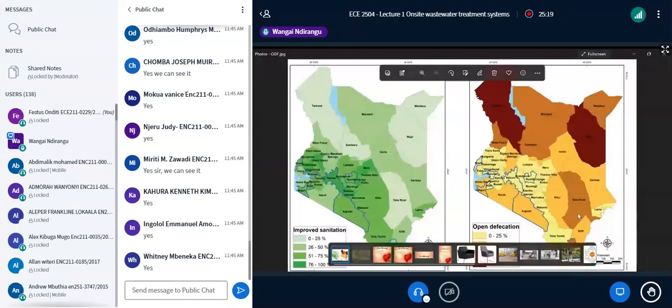When you look at Marsabit, Pokot, Mandera, Tana River, and so on, it is more than 50%.